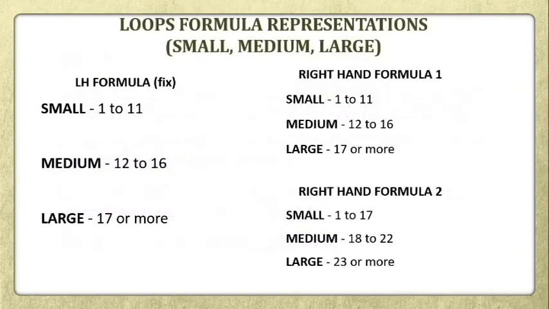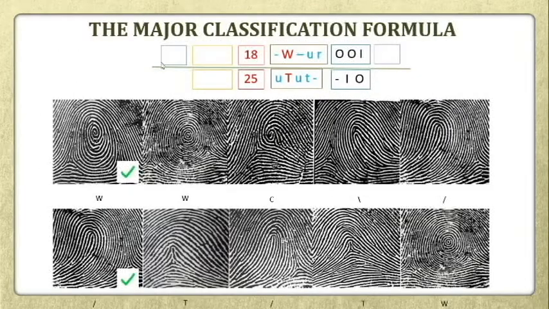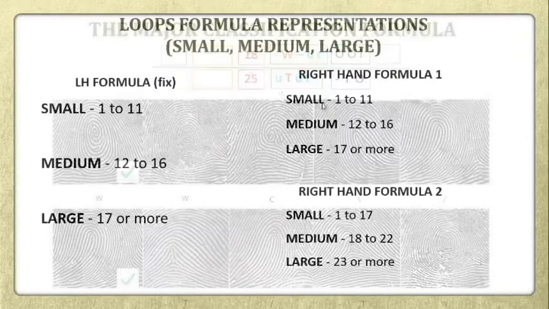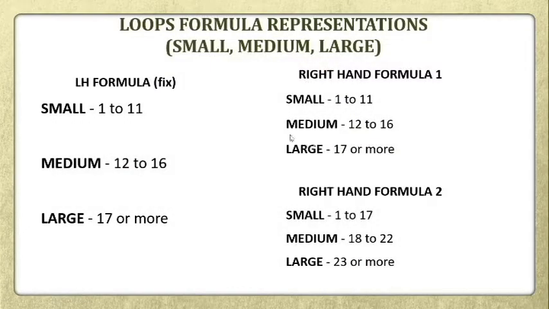However, just for example, your finger number 1 is a loop pattern and your finger number 6 is a whorl pattern. Meaning to say, since a loop pattern is absent on finger number 6, which is supposed to be the basis for the type of formula that we are going to use in the right hand, if that's the case, we are going to use formula number 1.